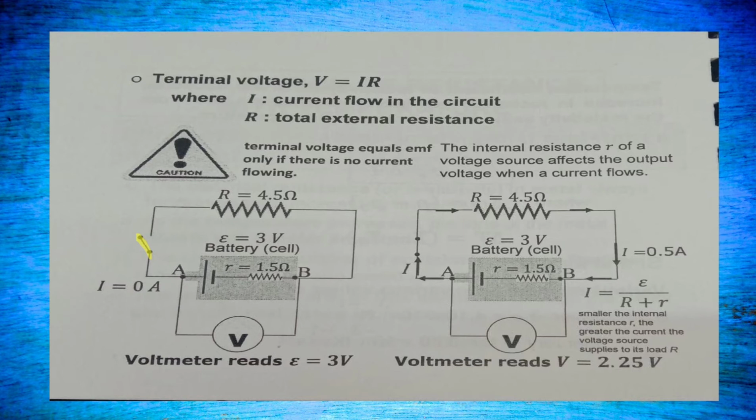So the EMF is equal to 3 volt, and the voltmeter also reads 3 volt, because terminal voltage is equal to EMF only if there is no current flowing.